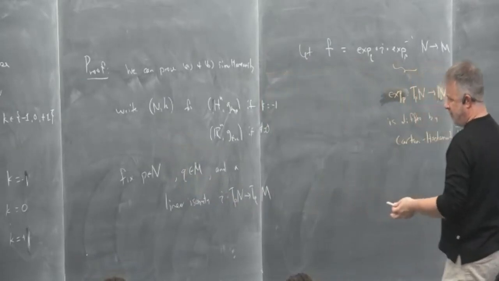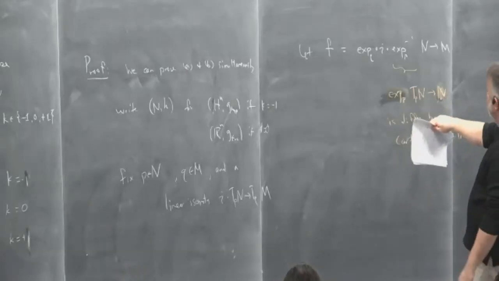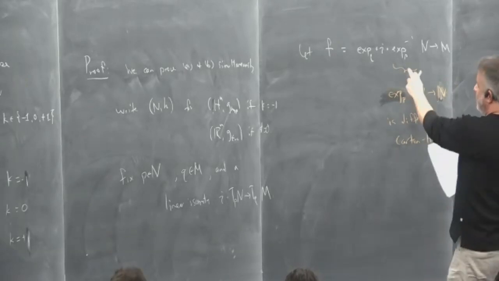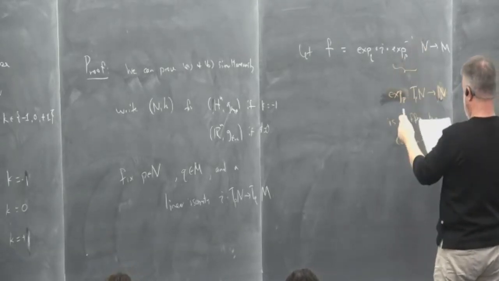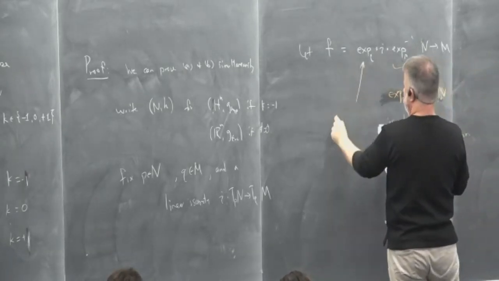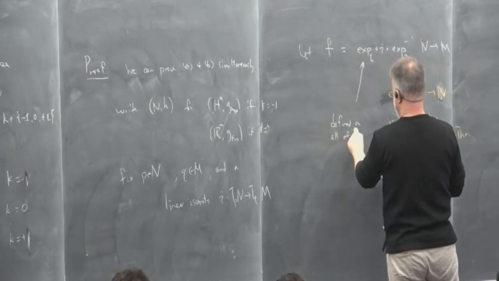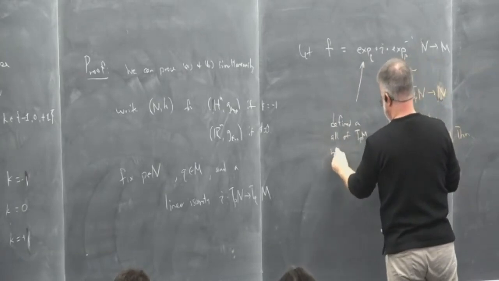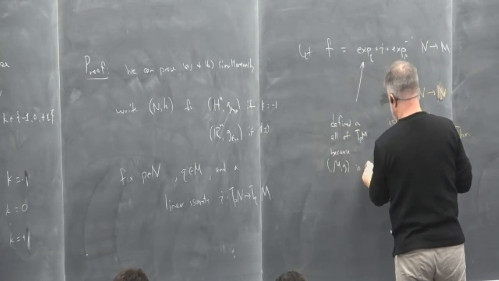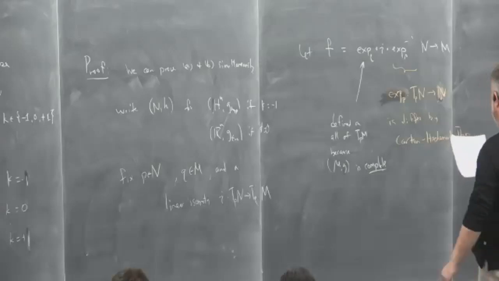The Cartan-Hadamard theorem said that if you had a complete Riemannian manifold, and these guys are complete, so we already know that this is a diffeomorphism. So this is defined for all of N. And this one is defined on all of T_pM because M is complete.